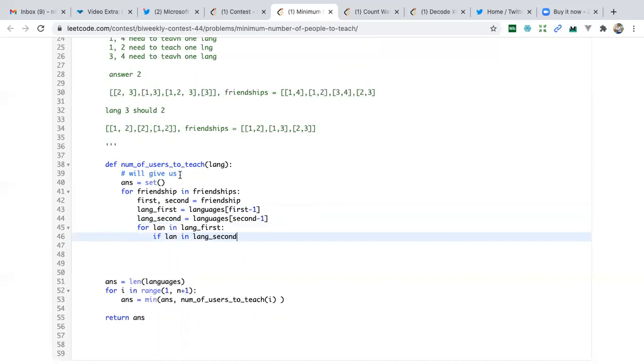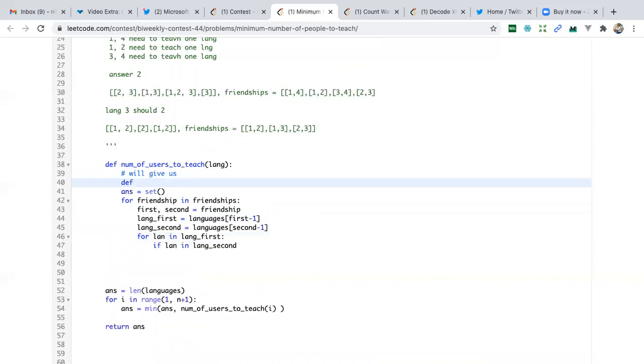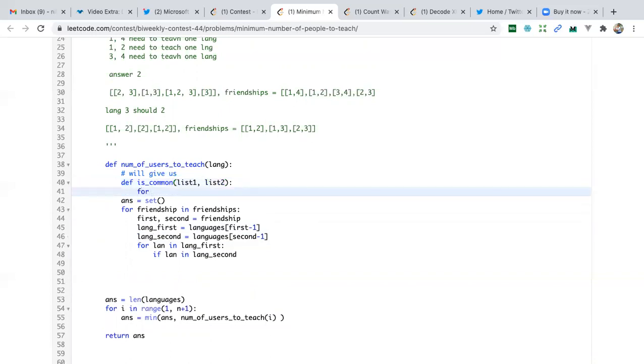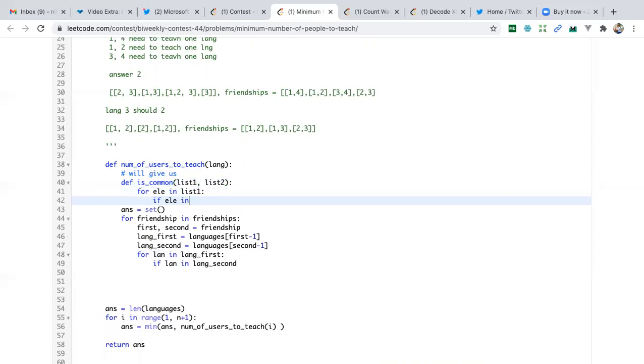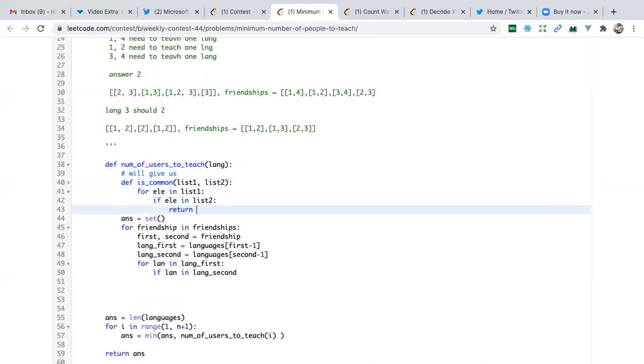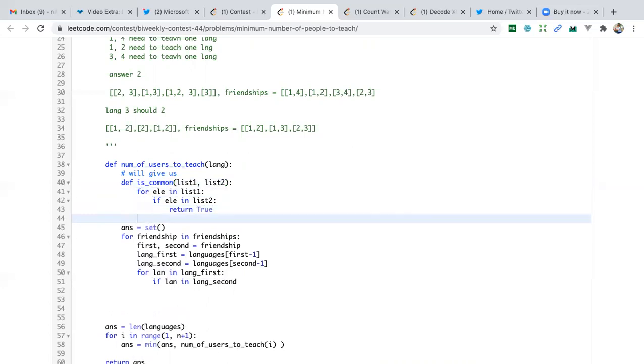we can make a small function, definition is common language, list 1, list 2: for element in list 1, if element in list 2, then return true, or return false, right?